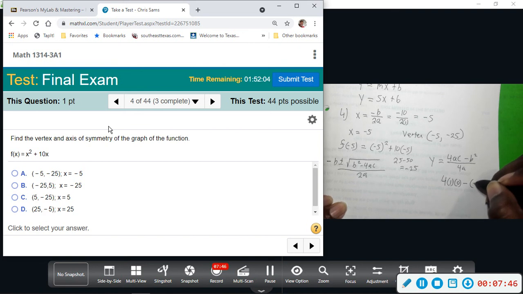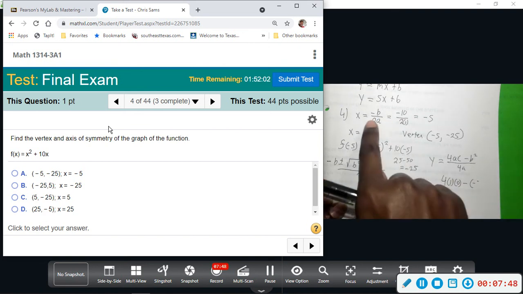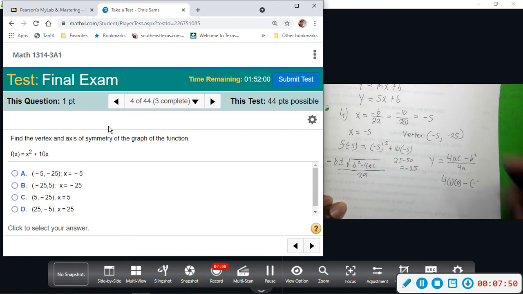B was 10, so we would do 10 squared. Not negative, it's positive 10. That's what b was. So we would do negative 100 on the top, and then on the bottom was 4a, and a was 1, so 4 times 1. So if we do negative 100 divided by 4, that does in fact give us negative 25.